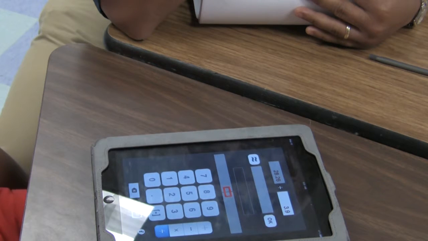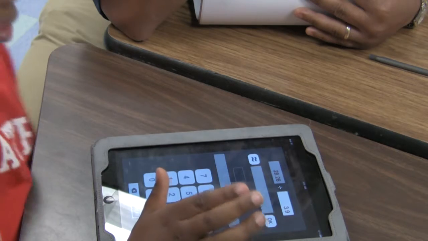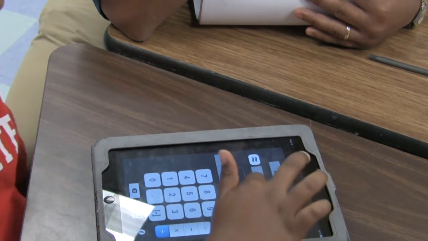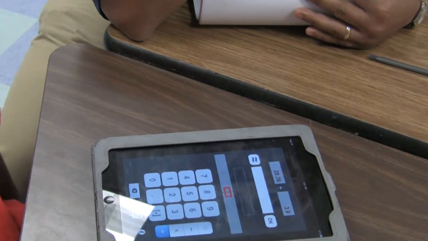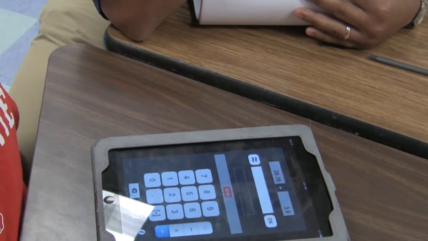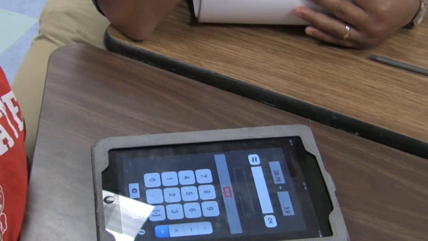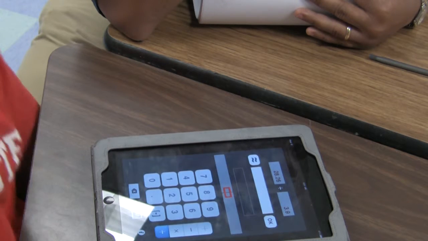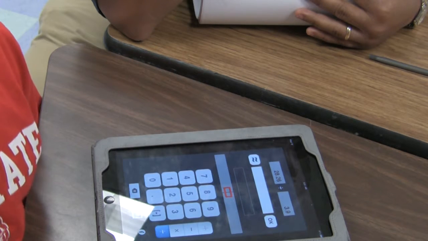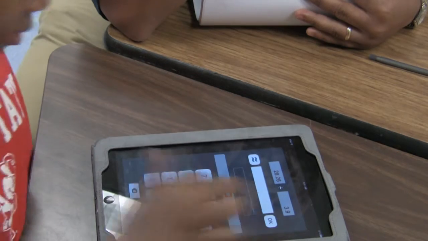More. So will your answer be 12 and something or less than 12 and something? Less than 12. I'm gonna go with 9. Why 9? Because 10 would be too much and it would be 30, but 9 would be about 27. All right, so try 9.